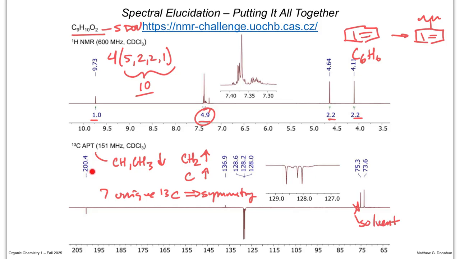That has to be the carbonyl carbon. Notice how it's phased down? If it's phased down, it has to be CH or CH3. If it is sp2 hybridized, it has to be CH. So therefore, what functional group is that? An aldehyde.